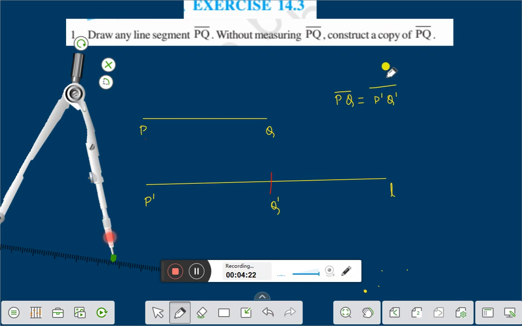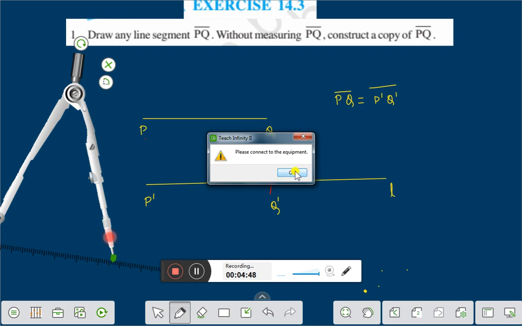In this way you can construct a copy of PQ without measuring PQ. With the help of the compass, first we draw a line PQ. After that we take a line named L, and with the help of the compass the pointer will be at P and the pencil at Q. This is the fixed distance.